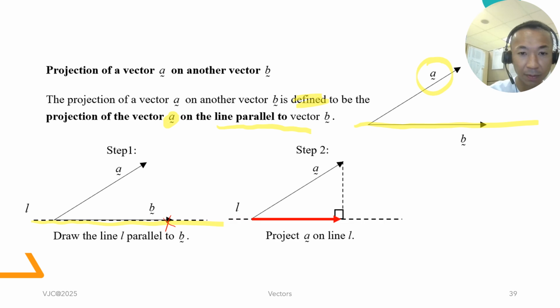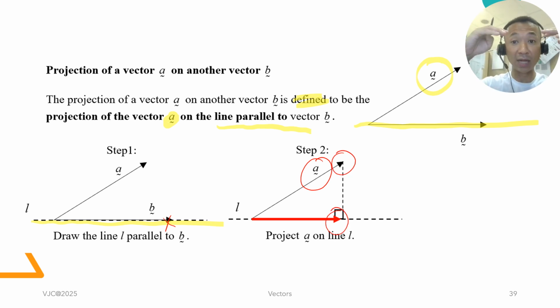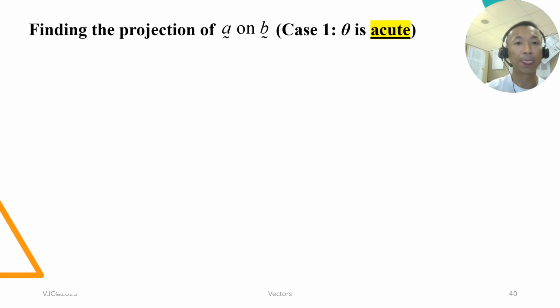Step two, the projection of A on B is the same as the projection of A on the line L. So the arrow follows the arrow of A. Remember, it's almost like casting a shadow perpendicularly, like sun rays casting a shadow downwards. Now that we know this definition, we want to learn how to find it using the concepts we've learned in vectors. So I'm going to show you how to find it.